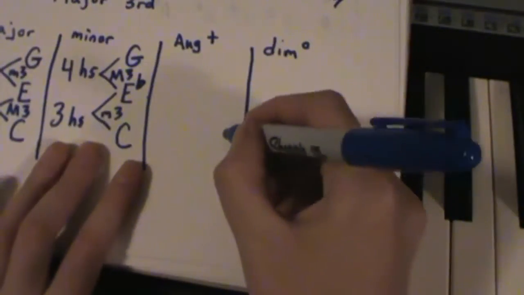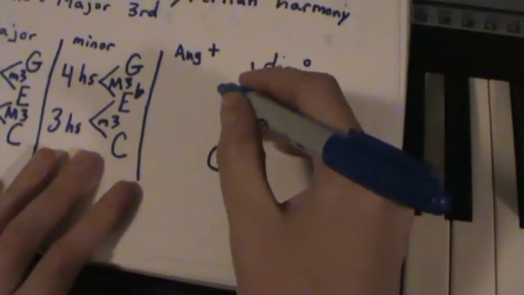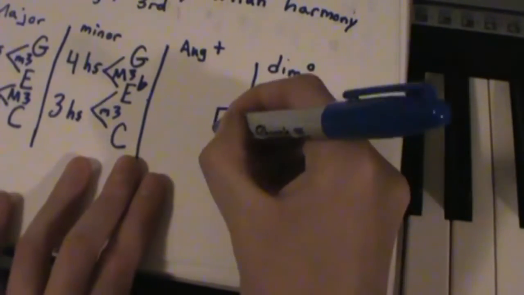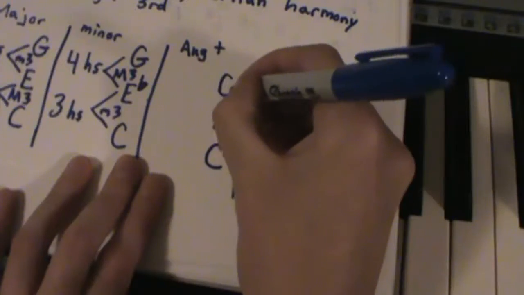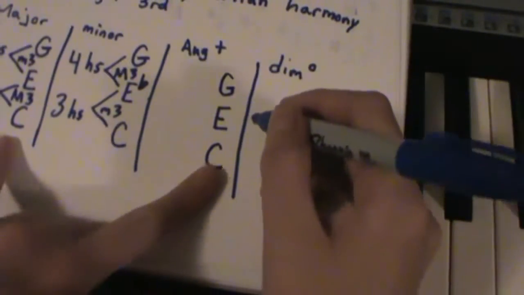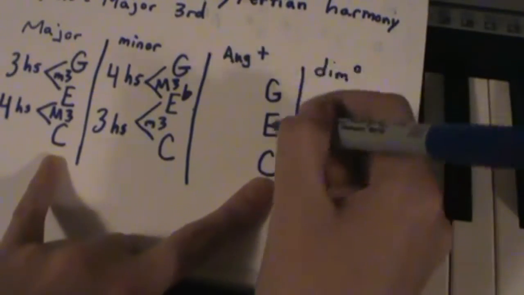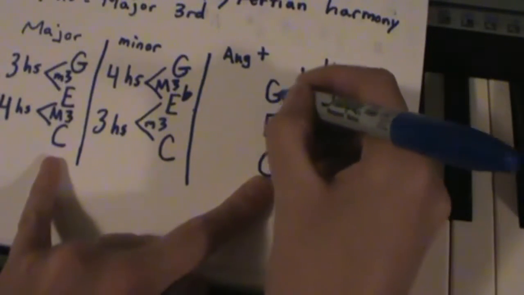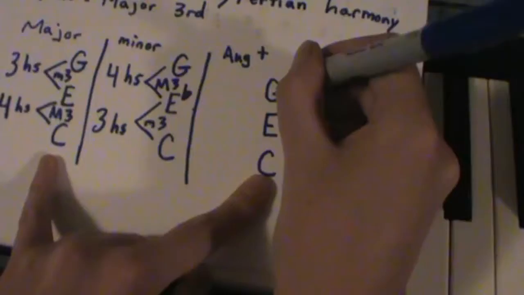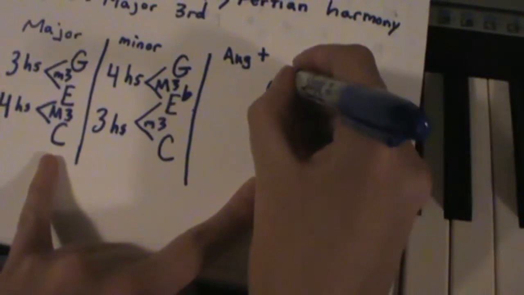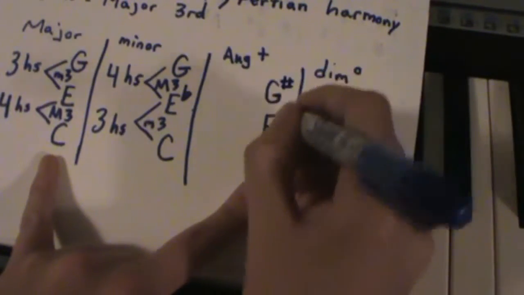Augmented. The difference here between major and augmented is you play a major chord and just raise this top note, what they call the fifth of the chord, by a half step.